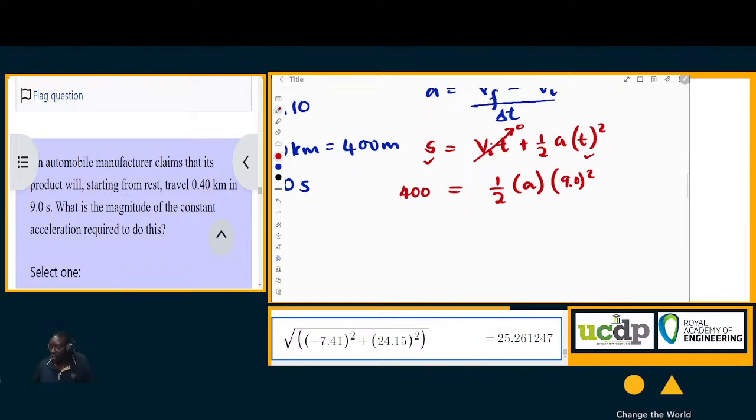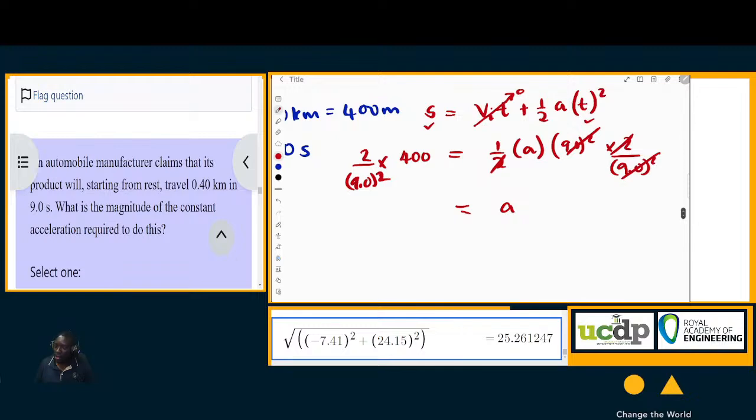So making A the subject, it means we multiply by 2 and divide by 9.0 squared, both sides. So this cancels that, this cancels that, and we remain with A equals 800 over 81, over 9 squared.